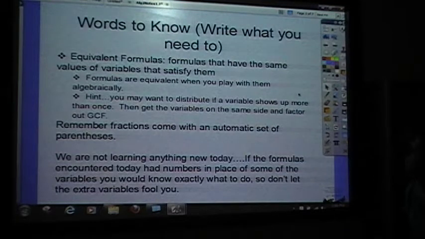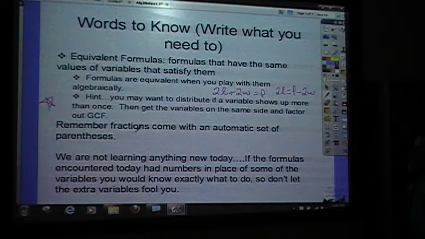So, for example, how about this? 2L plus 2W equals P. This is the perimeter of a rectangle. 2 of the lengths plus 2 of the widths equals your perimeter. That is the same thing as 2L equals P minus 2W. What did I do? I subtracted 2W from both sides. Those are equivalent formulas. A hint, this will show up in your homework.